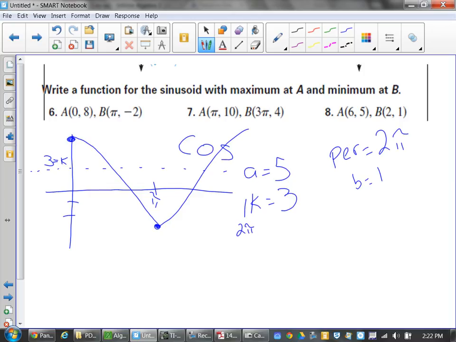Your b value happens to be 1, because period is 2 pi over b. So then you can just put it all together. It's 5 cosine of x. Then we had a shift of what, minus 3? Oh, we didn't have a horizontal shift, so it's just x. And then we had a plus 3.